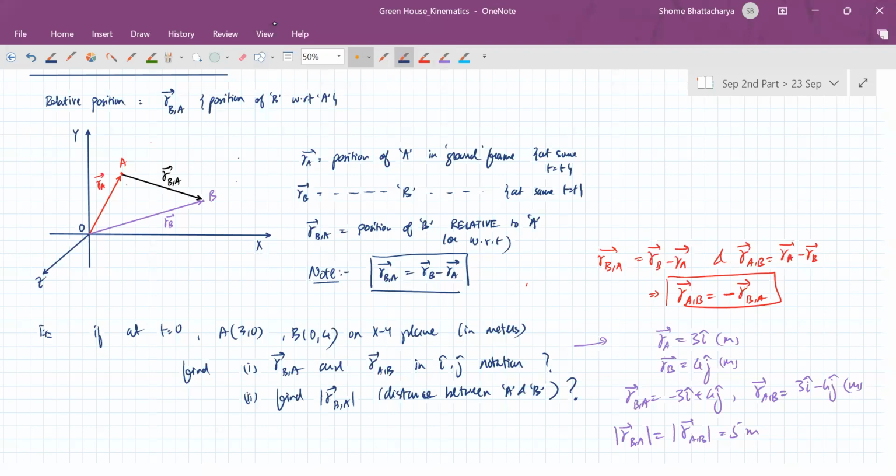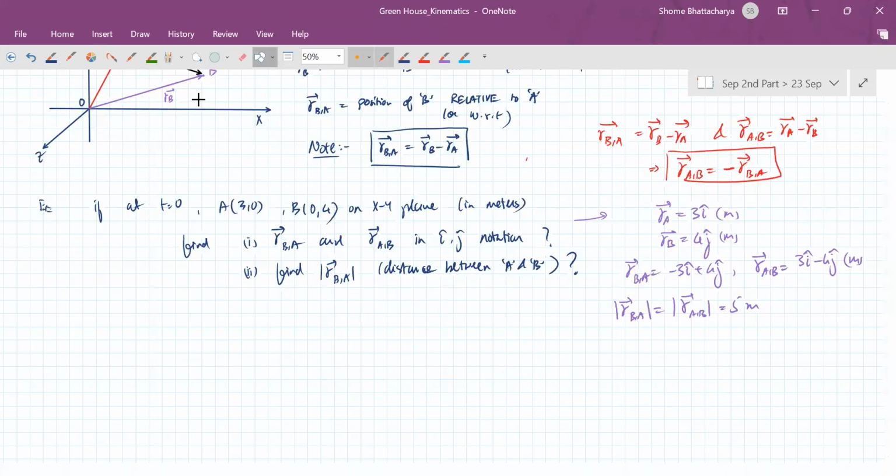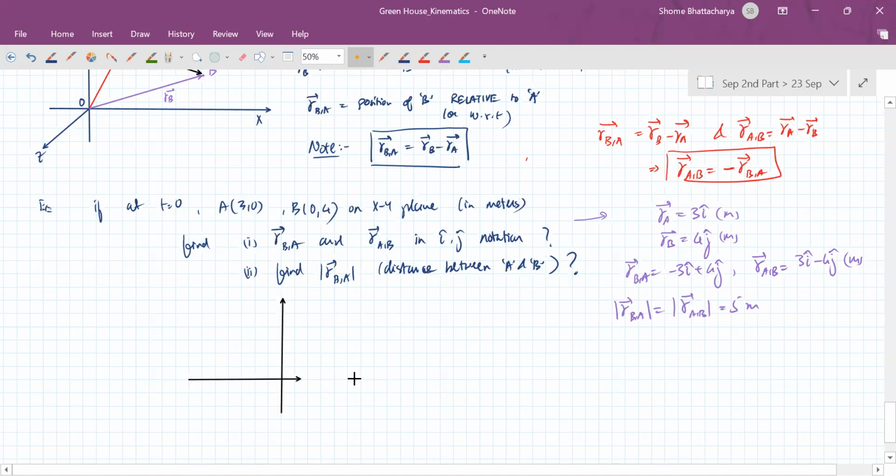Okay, so same thing you can just think of in terms of a diagram also. So this is your XY plane. You can see in this given situation, A is located somewhere here, let's say at 3,0, and B is located somewhere here, let's say 0,4.